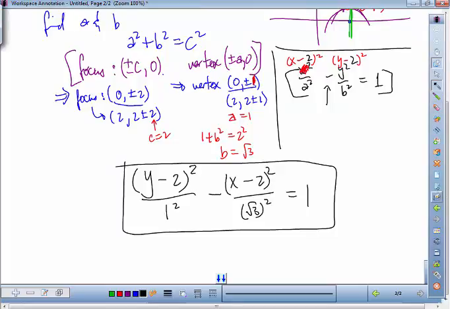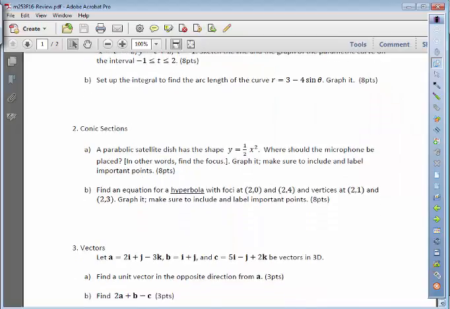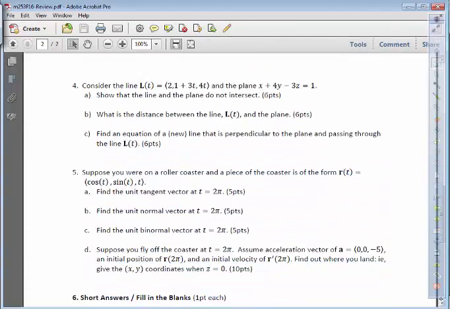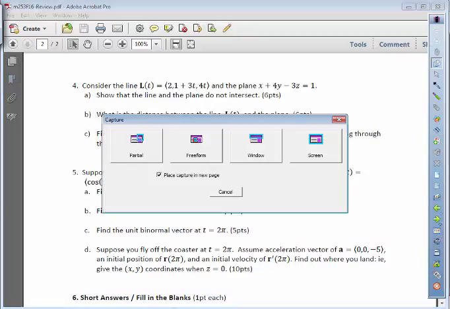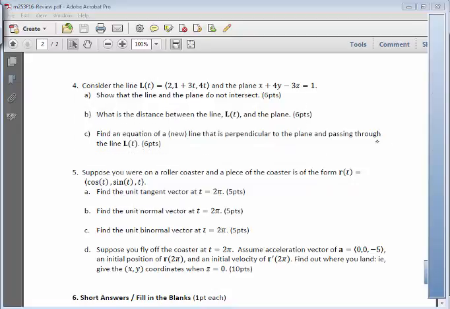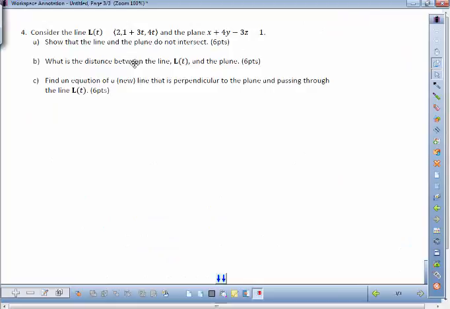Let's do number 4, 4C. We have a line and a plane. The line and the plane don't intersect.